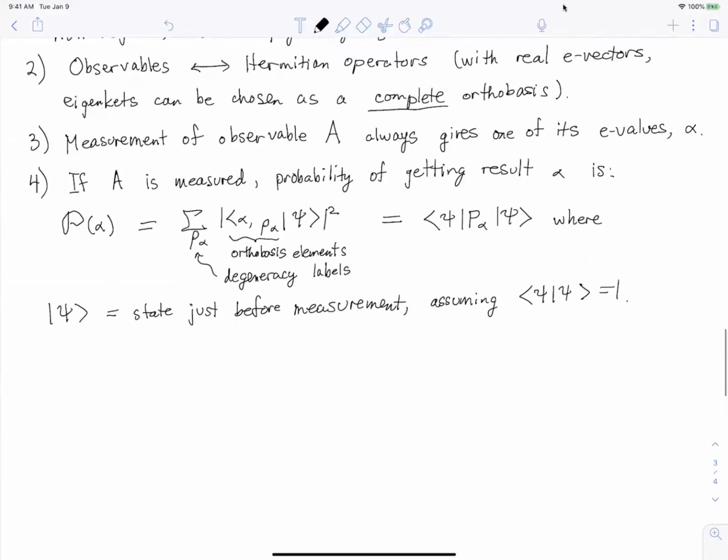That's why it's convenient to normalize to 1, so that you can apply this postulate in a straightforward way.